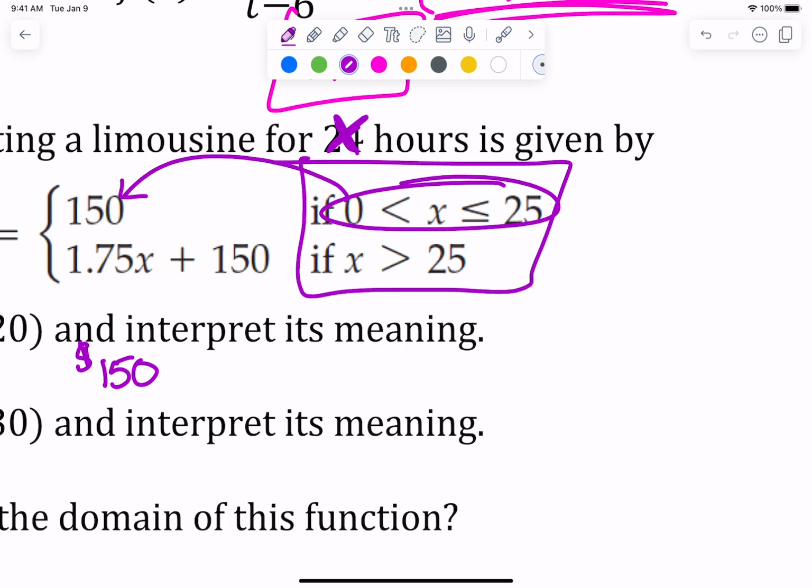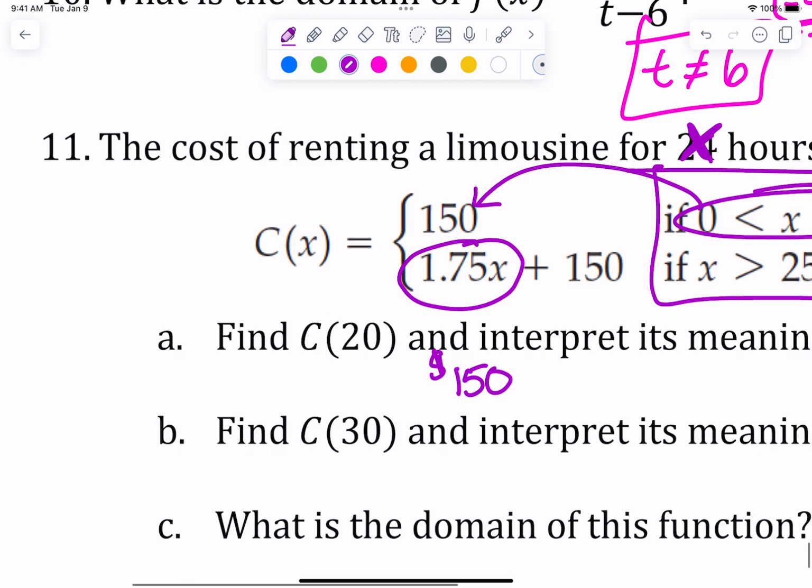I could rent it for 30 minutes and pay $150, or I could rent it for a whole day and pay 150 bucks. You might as well rent it for a whole day. Does that make sense? But if I rent it for longer than that, they're gonna charge me $1.75 X. Wait a second, an hour.